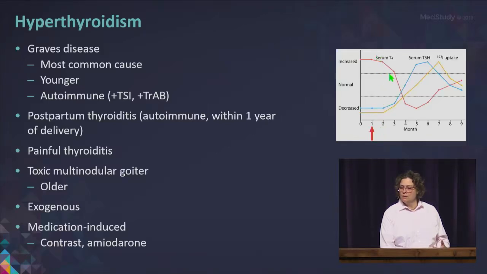The hyperthyroidism usually morphs into hypothyroidism, and again, in the context of a de Quervain's or a painful thyroiditis, you get resolution. In the context of a postpartum thyroiditis, because it's associated with antibodies, you either have resolution, which is the majority of the time, or you can end up with overt hypothyroidism.